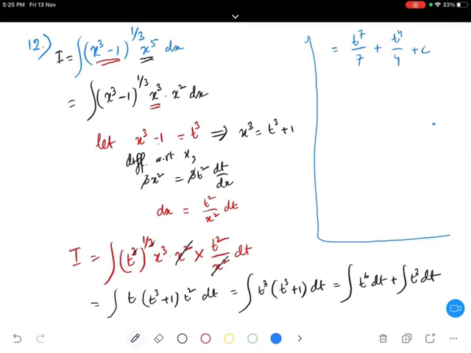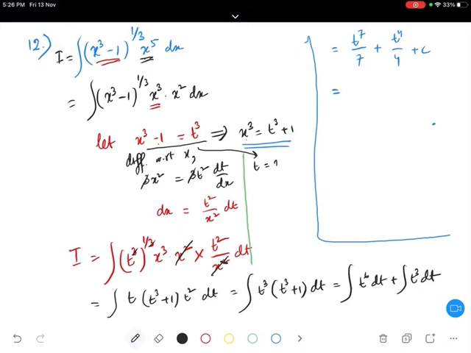Now t to the power 7 is how much? Look at here. x cube is t cube plus 1, right? Mistake, we should not be starting from there. We should be starting from here. t cube is x cube minus 1.